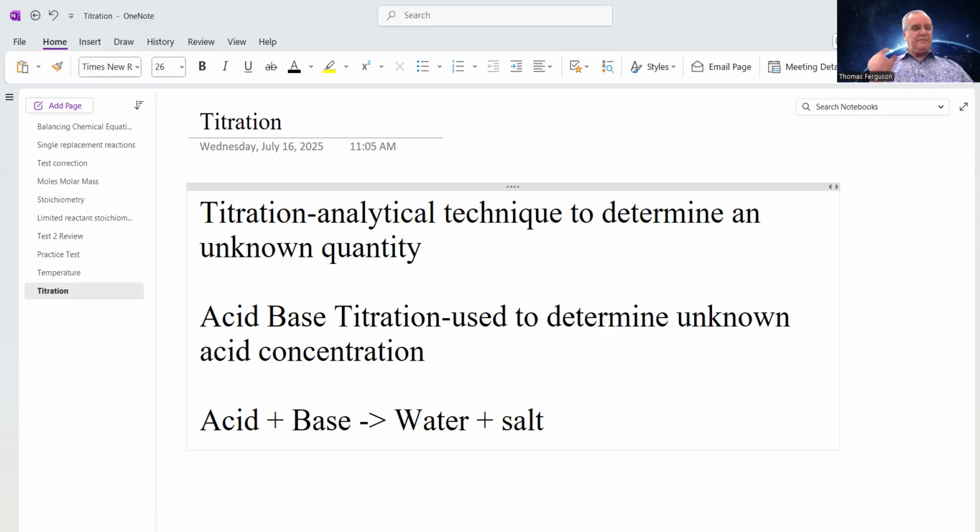Okay. The reaction is you have an acid plus a base neutralizes to water plus the salt, which is the conjugate base.